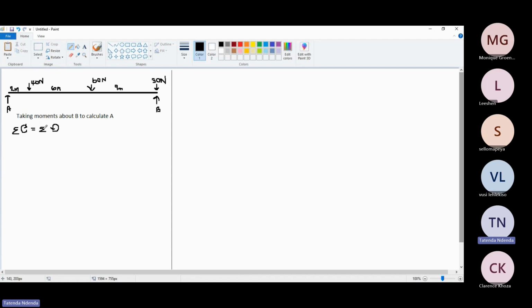Whenever we're having a clockwise moment, everything is supposed to go up like this. But before you do that, remember we are taking moments about B to calculate A.